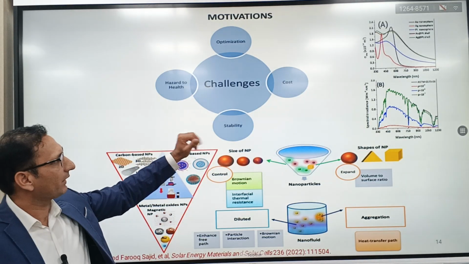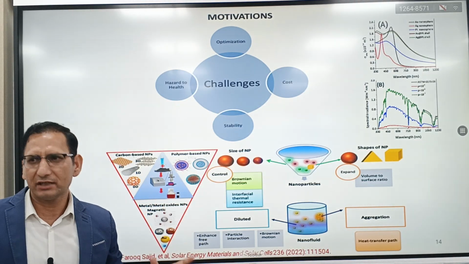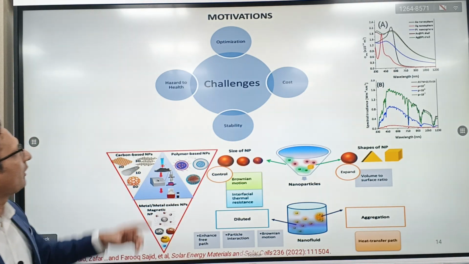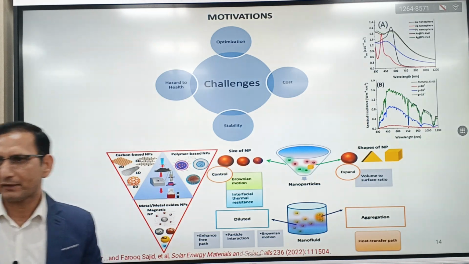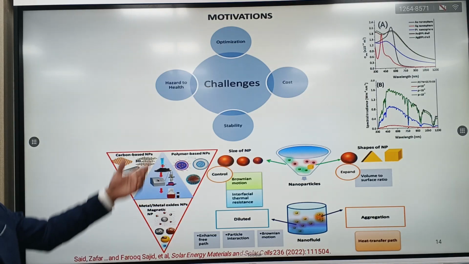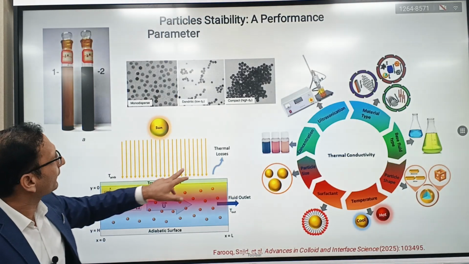This is a big issue. And then the cost, because at industrial level, you always try to save money. This is the key. Optimization, so you are doing all this and getting maximum efficiency. This is the motivation for me when I started work on this kind of research.